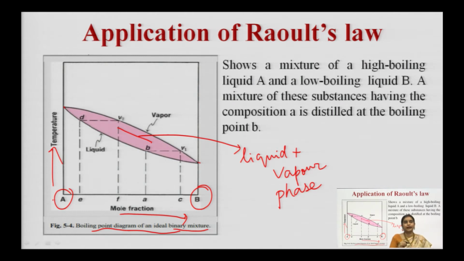Because B is more volatile compared to A. So, according to Raoult's law, the more volatile constituent will make up the major portion of the vapor, which will be constituted by the low boiling point liquid. And here B is distilled at the boiling point of B.